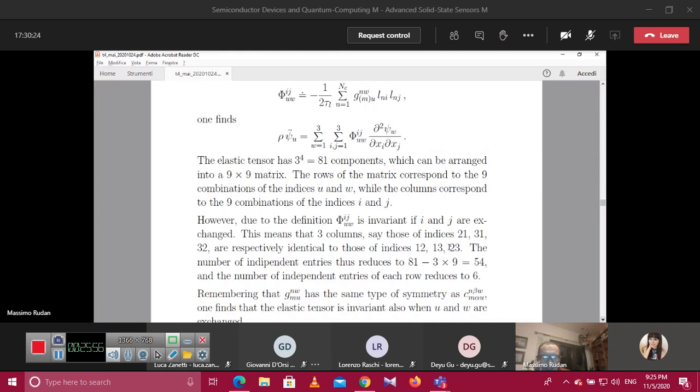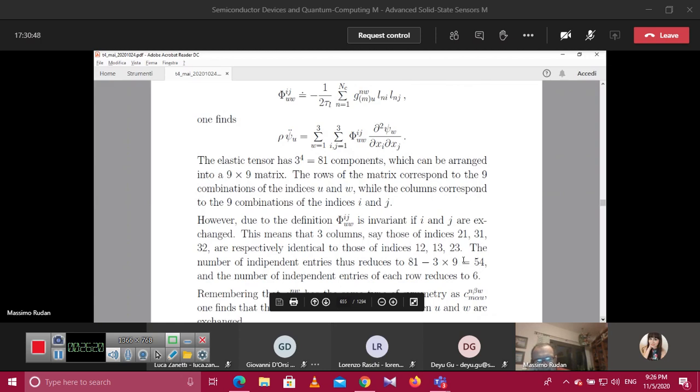So there are three columns that are useless because they are a replica of other columns. Okay, so we can eliminate three columns. And considering that each column has a length of 9, we eliminate 27 elements. Okay, so we are left with 54.